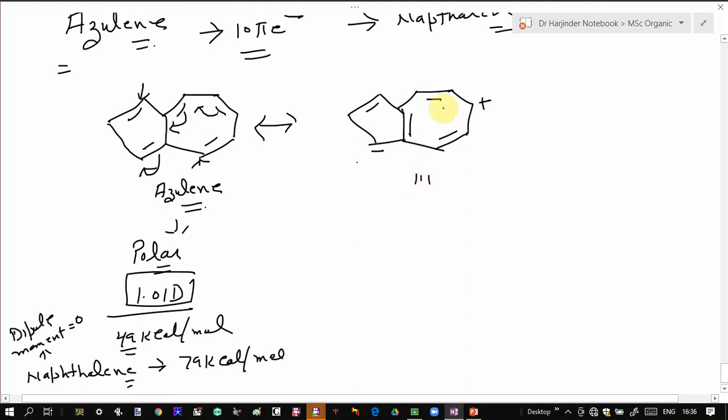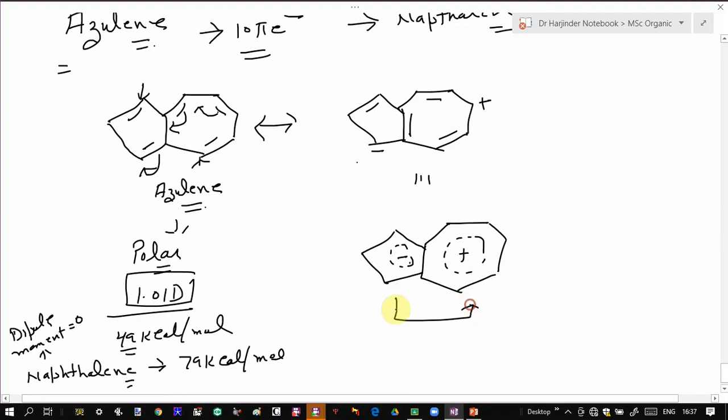In the resonance hybrid structure, over this ring the positive charge is delocalized, and over this cyclopentadiene ring the negative charge is delocalized. So in the resonance hybrid structure, over this ring positive charge is there, and over this ring negative charge is there. So you can consider this azulene molecule as a combination of cyclopentadienyl anion and cycloheptatrienyl cation.